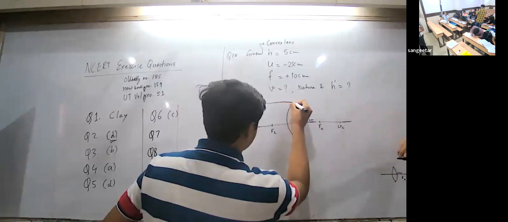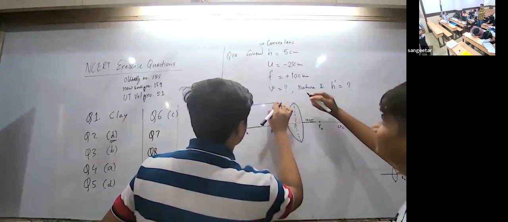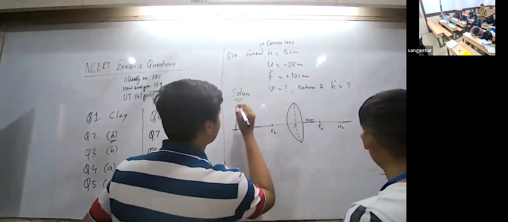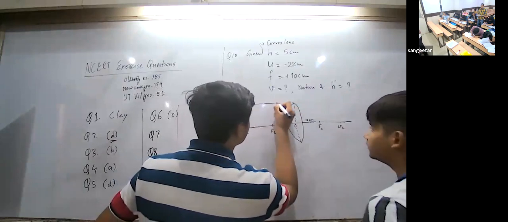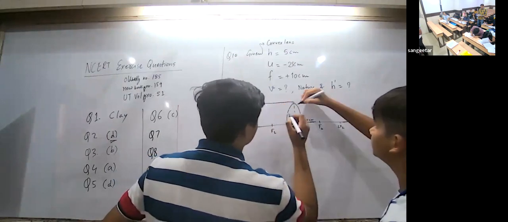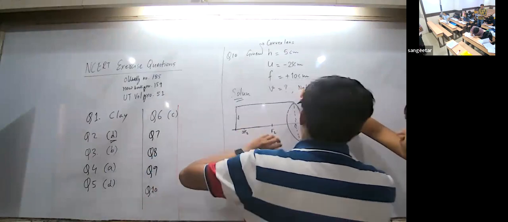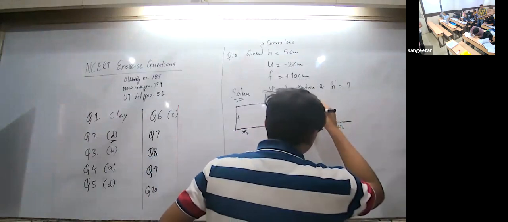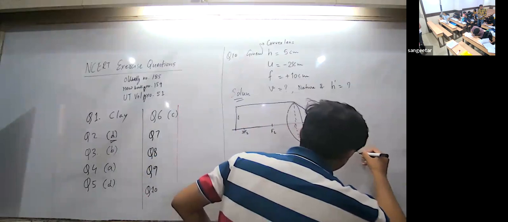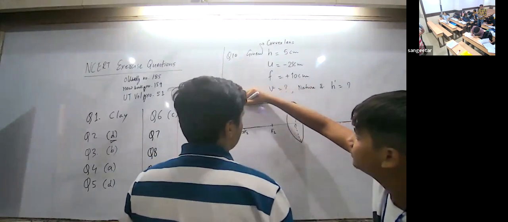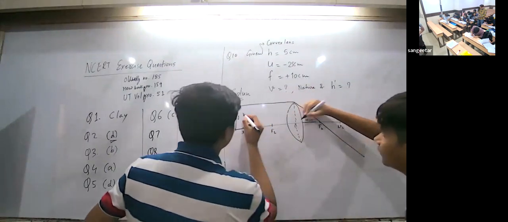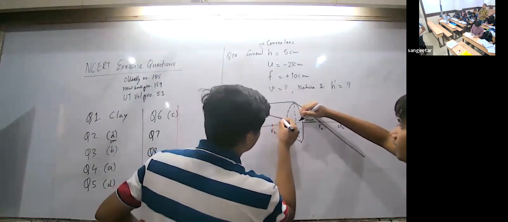If you have knowledge of the ray diagram. So f is 10, V. So this becomes plus here, and when it goes here, it becomes minus, no?